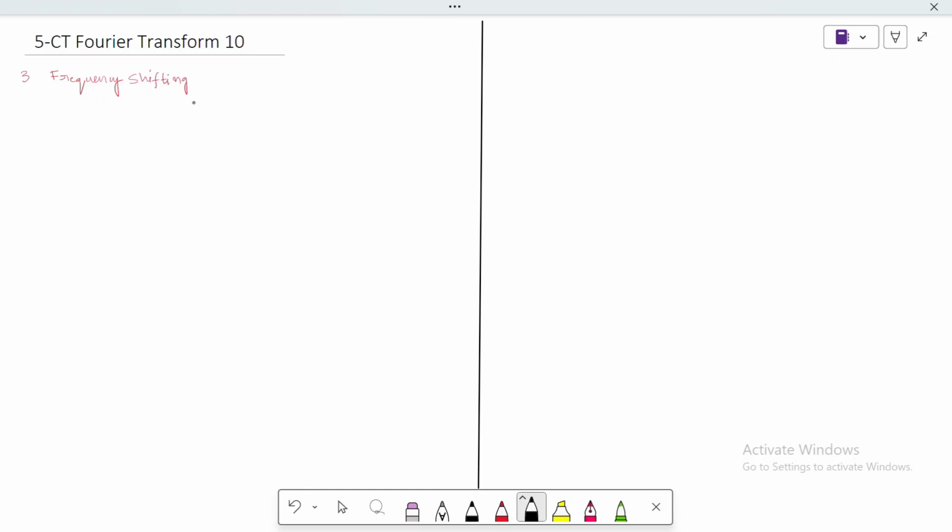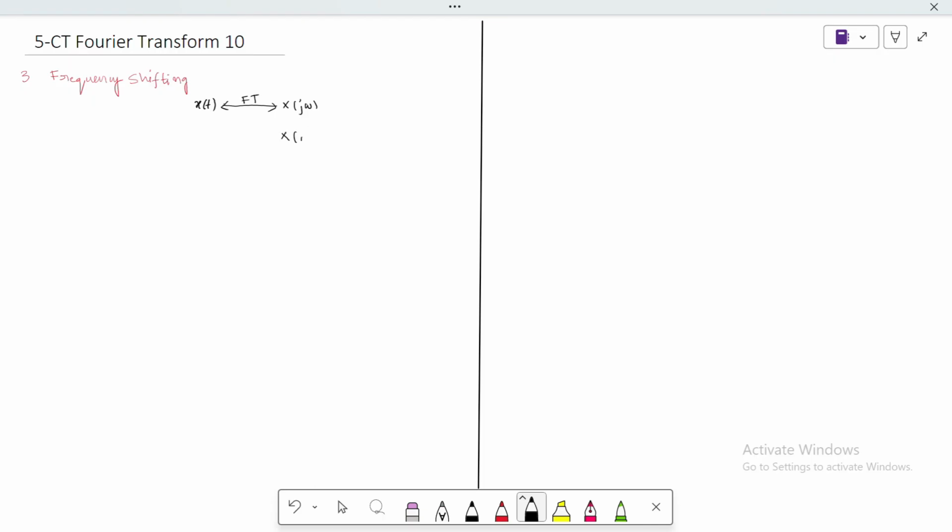So x of t has x of j omega as its Fourier transform.